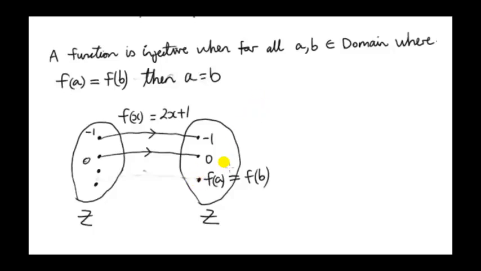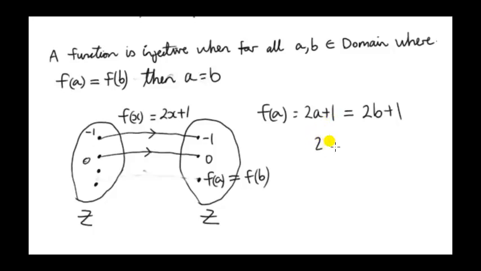Well, we just work out f of a and f of b, and that's straightforward here. F of a is 2a plus 1, and we want to set it equal to f of b, which is got by plugging b in for x, so that's 2b plus 1. And we want to deduce from this that a is equal to b, and that's very easy here.